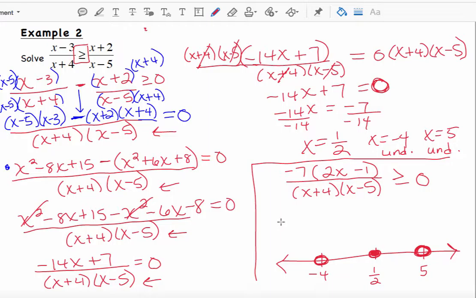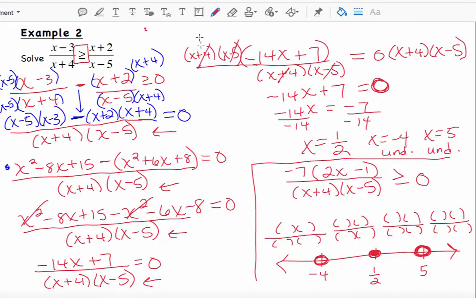And I'm going to have 4 factors. I have 2 of them on the top and 2 of them on the bottom. It's not as bad as it looks if you keep the problem completely factored. The reason that we combine the 2 original fractions into one is so that when you're plugging in and substituting in each region, it makes it just easier to do.